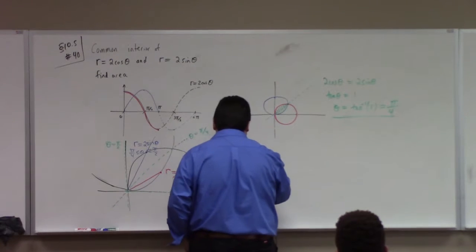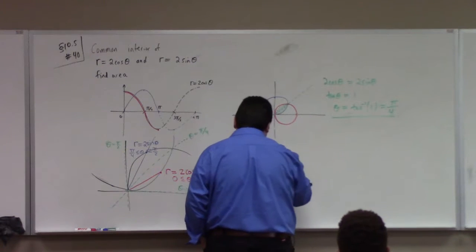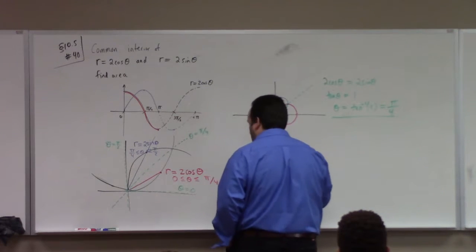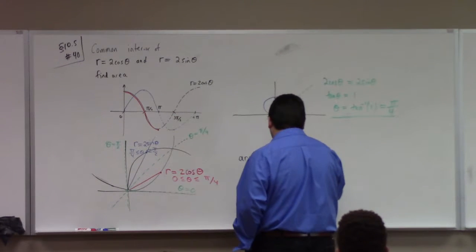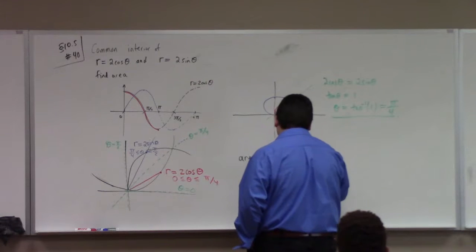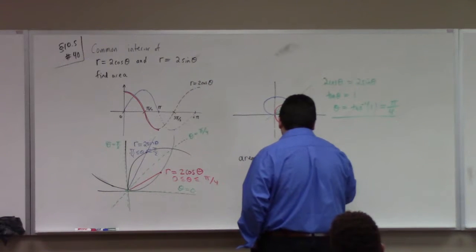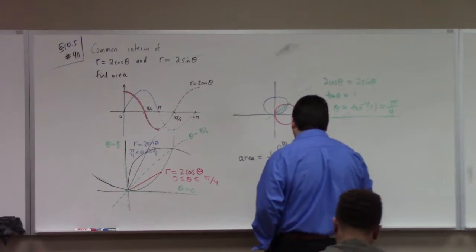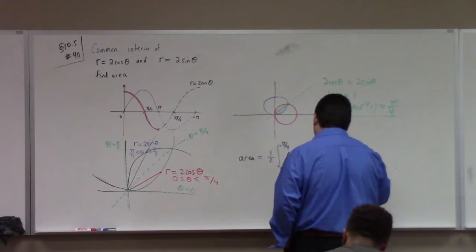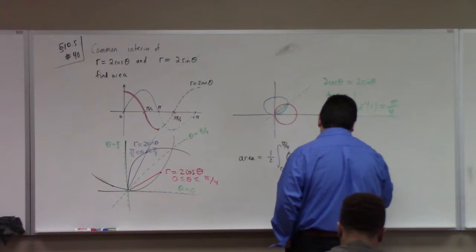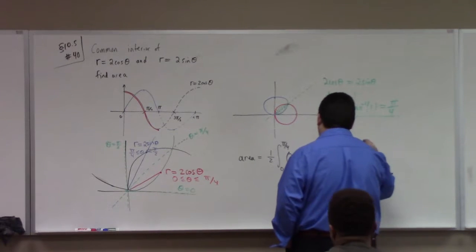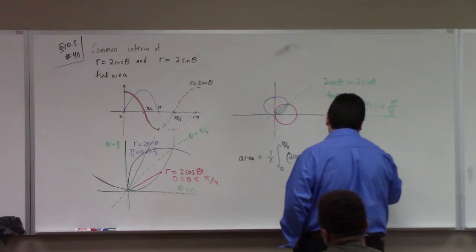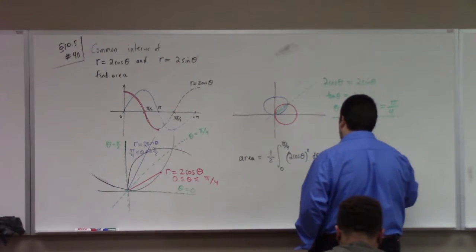So the area is 1/2 integral from 0 to pi over 4 of the quantity 2 cosine theta squared, 1/2 r squared d theta, plus 1/2 the integral from pi over 4 to pi over 2 of the quantity 2 sine theta squared d theta.